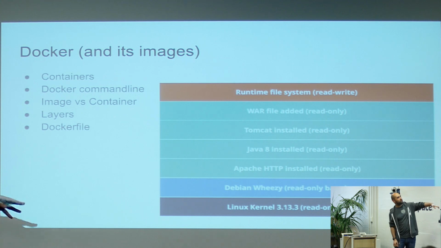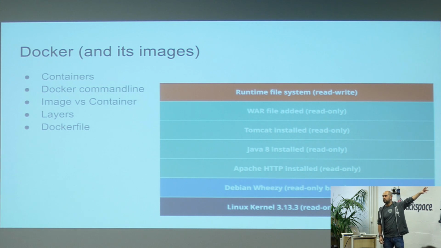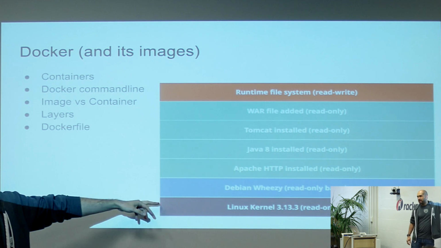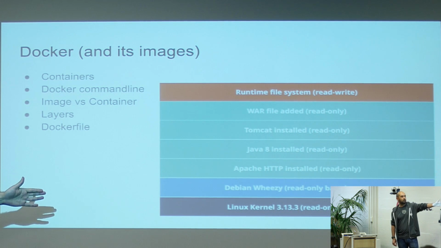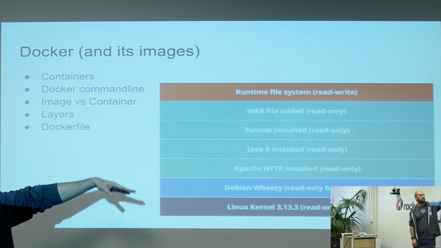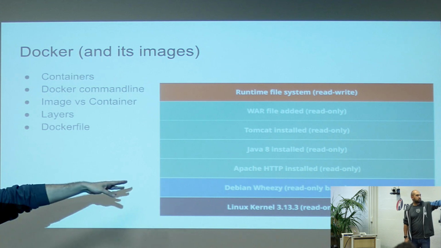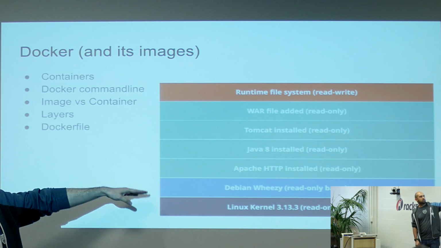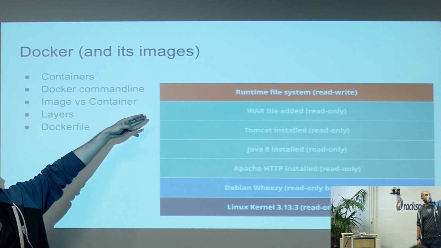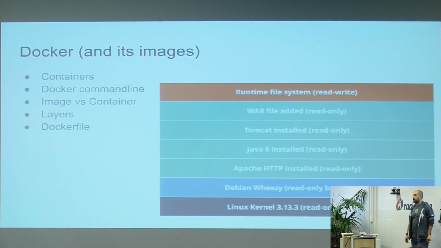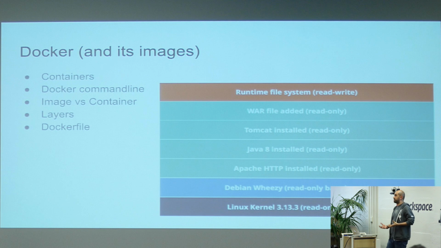So if this is a typical Java application that you might run in a container, when you say Docker build, you start from a base image, which you usually pull out of a repository somewhere. It's basically a Linux kernel, and then you have, say, Ubuntu or Debian on top of it, and then you install Apache, Java runtime, Tomcat, for example, then your war file, and this is your runtime, which is basically where your application operates.